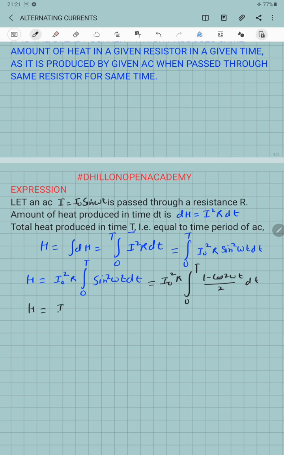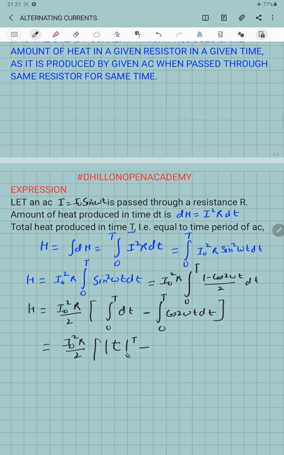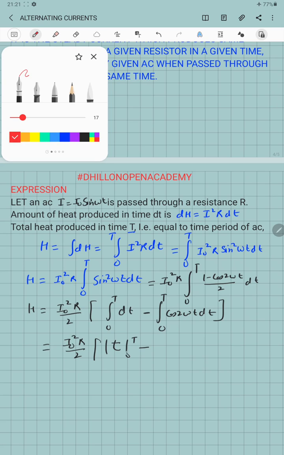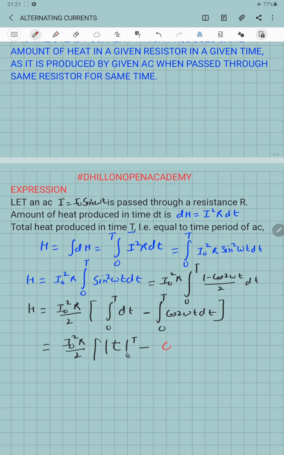So H will be equal to, 2 can be taken out, I naught square R over 2 into the integral of dt from 0 to T minus the integral of cos 2 omega t dt from 0 to T. The integral of dt is T, limit 0 to T, minus the integral of cos 2 omega t over the full cycle 0 to T. It will be 0, so we can directly write its value as 0.